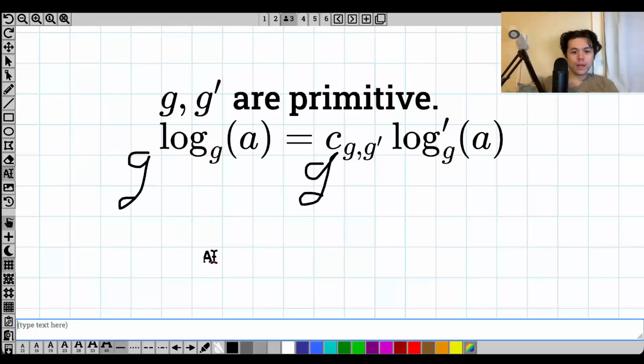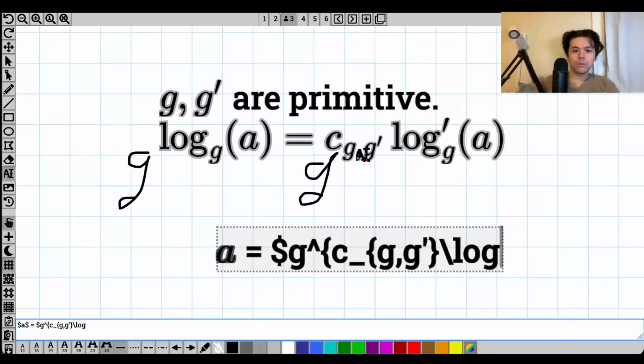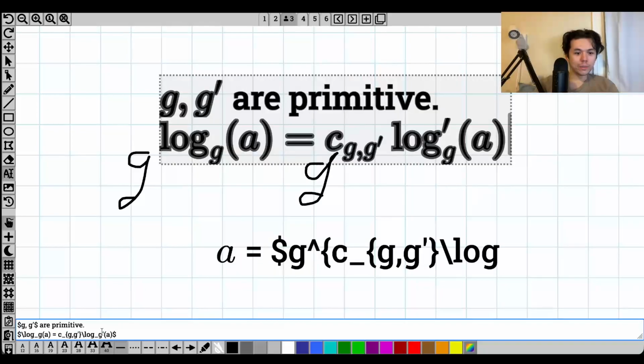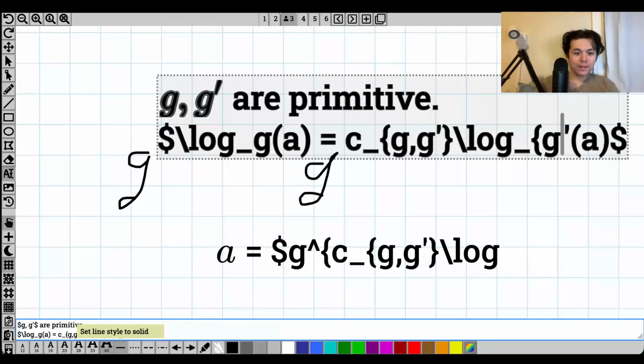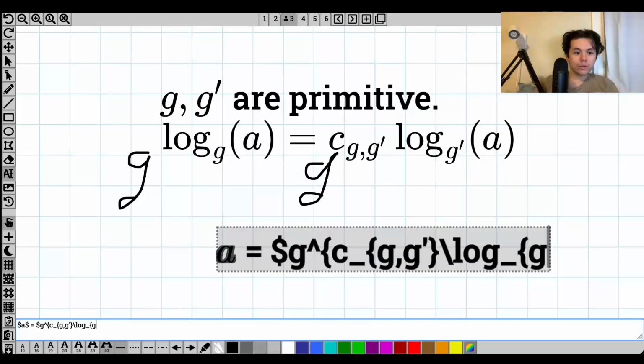We'll get a equals g to the c_{g,g'} times log_{g'}(a). My bad, log_{g'}(a).